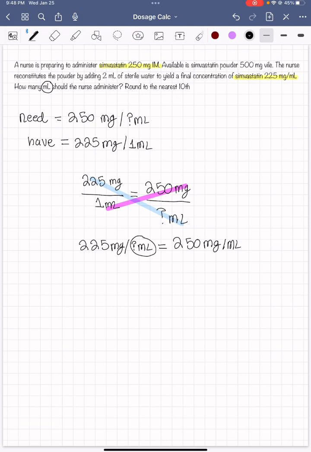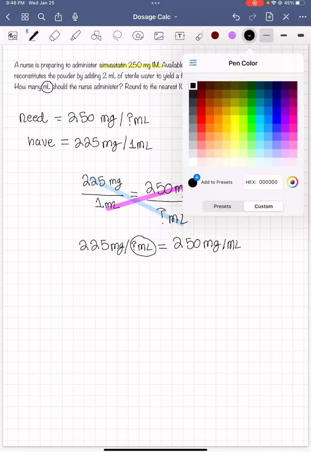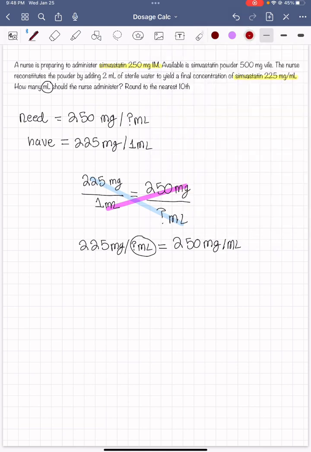How do we get this unknown by itself? We are going to divide, let me change the color. We're going to go ahead and divide 250 divided by 225 milligrams. This is going to allow our milligrams to go ahead and cancel out. So we're left with milliliters. So our unknown milliliter is going to be equivalent to 250 divided by 225.